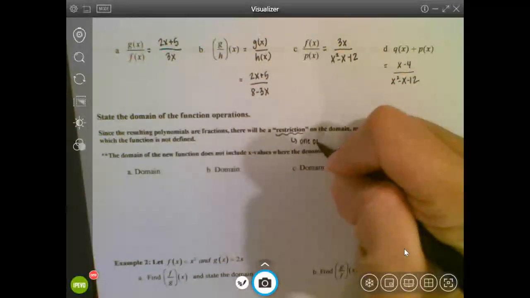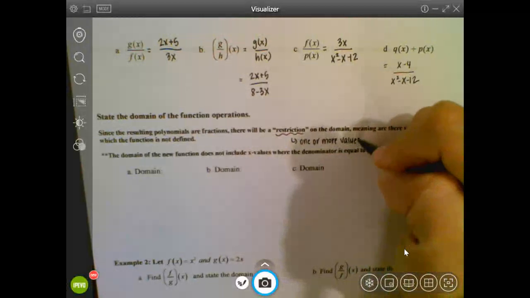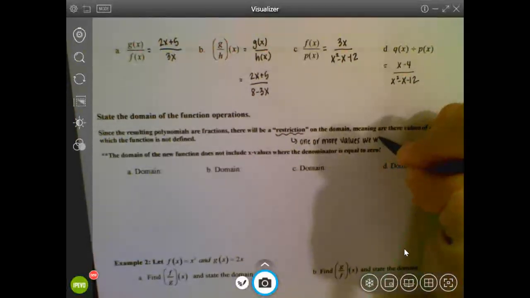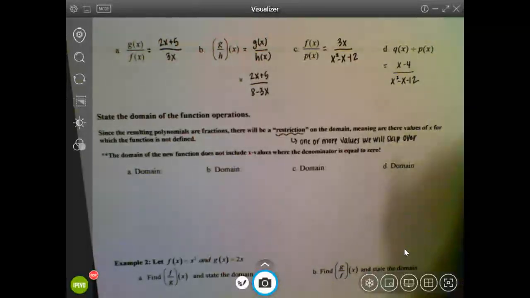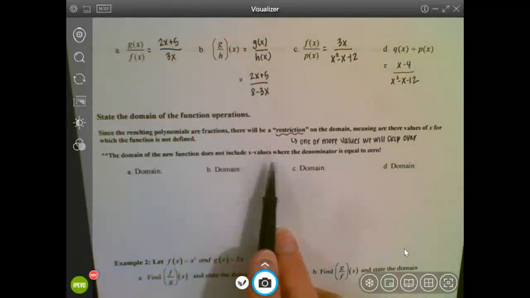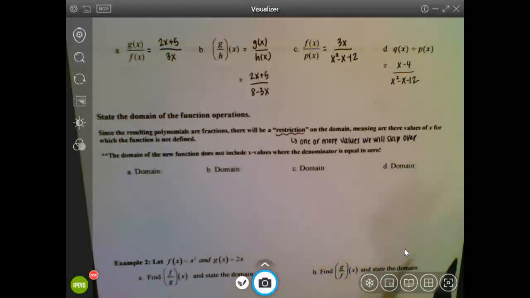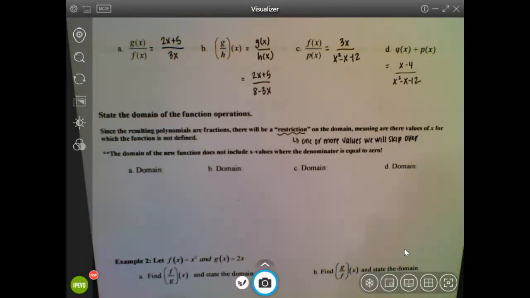So there might be one or more values we will skip over. And again, the domain of this function does not include x values where the denominator is equal to 0. So that's going to be kind of the places that we're going to concentrate on where we're getting our domain restrictions.